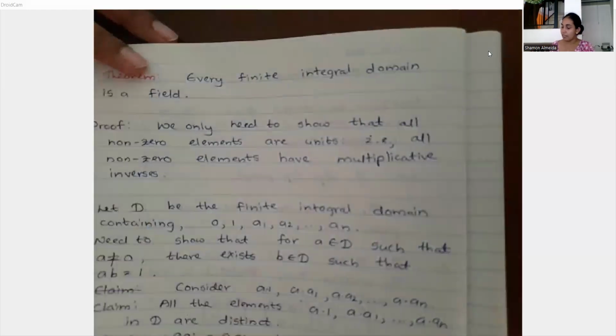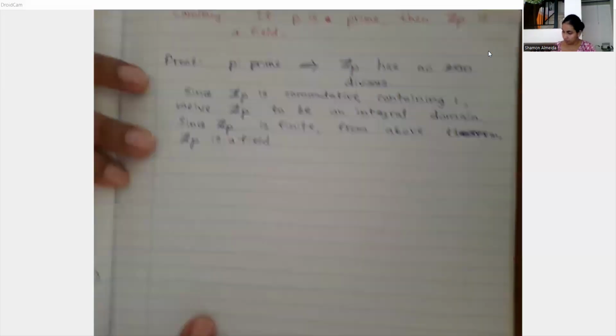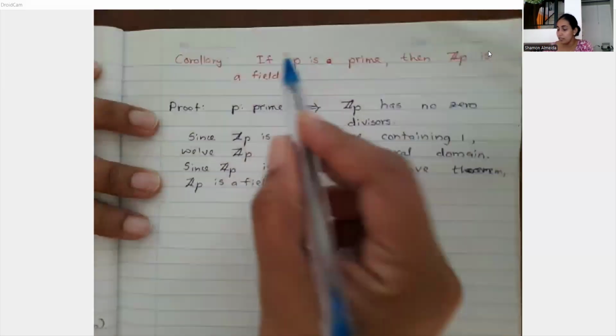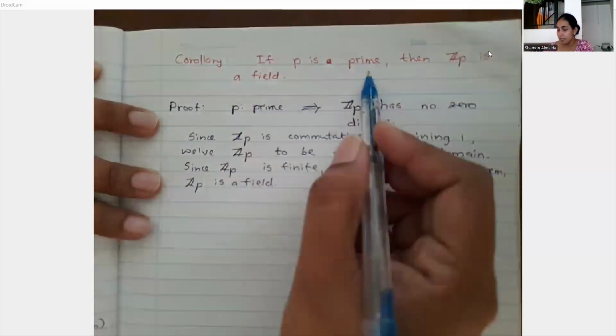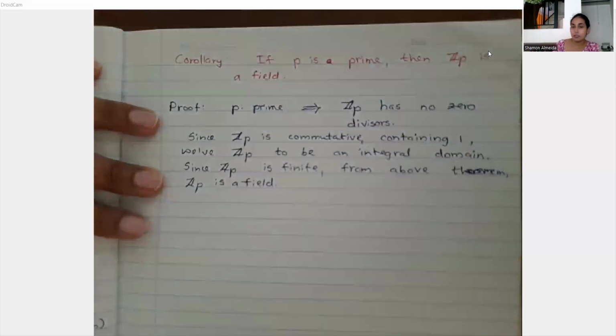Next, every finite integral domain is a field. Then as a consequence, we saw that if P is a prime, then ZP is a field, right? So we have to start from here.